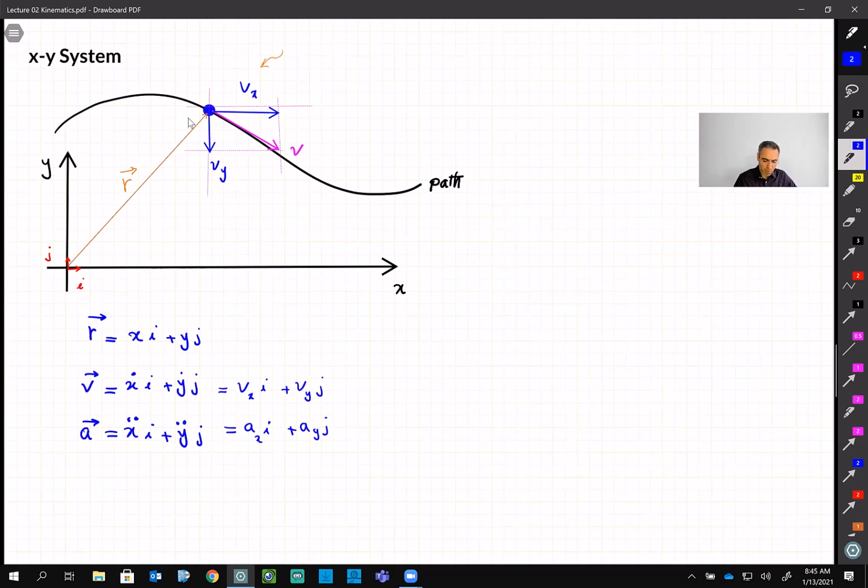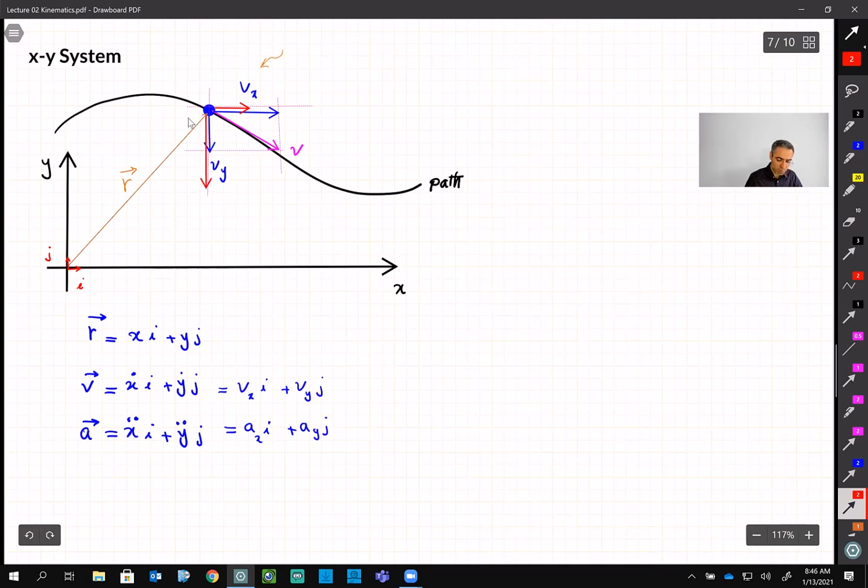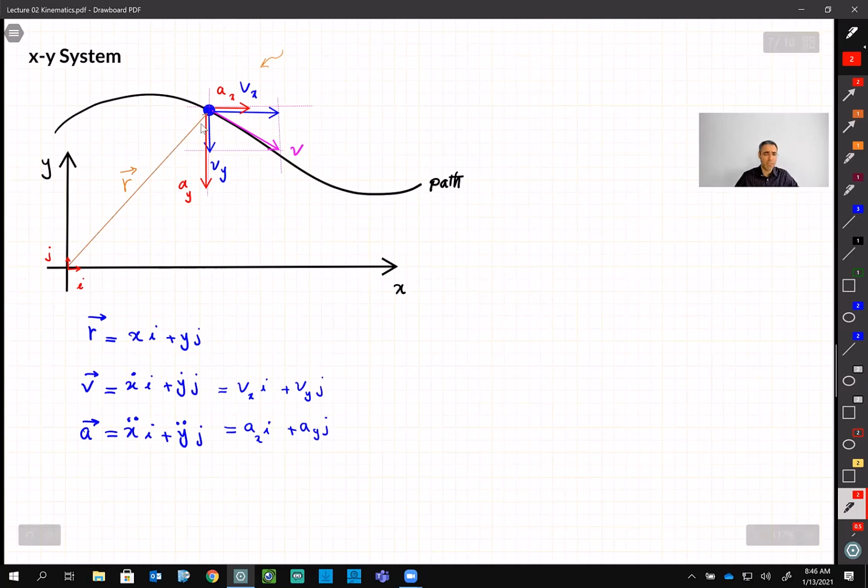Similarly, this particle has acceleration components. Maybe this is Ax, and maybe this is Ay. Maybe it is bigger or smaller, we don't know. But always keep in mind, as you can see from this picture, this Vx and Vy, the resultant, this pink V, is tangent to the path.